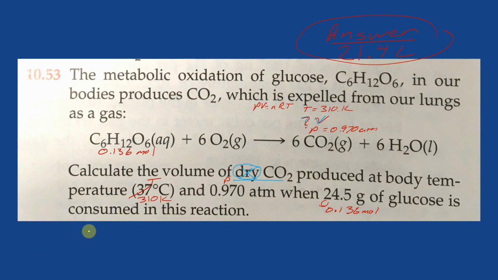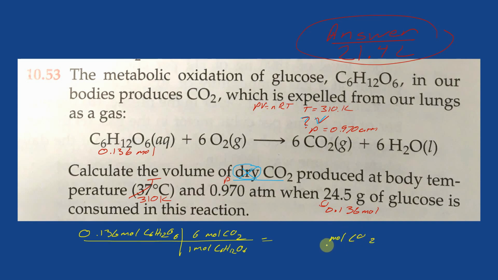We're going to say, okay, if I have 0.136 moles of glucose, C6H12O6, and I do a mole ratio of 1 mole of C6H12O6 to 6 moles of CO2, that will give me my moles of CO2, which I might still have.